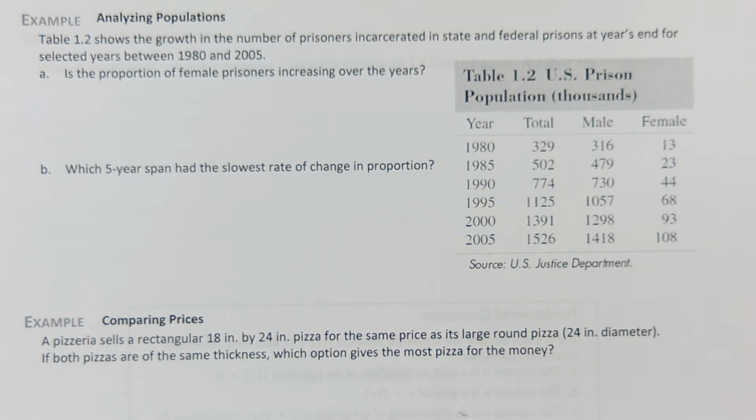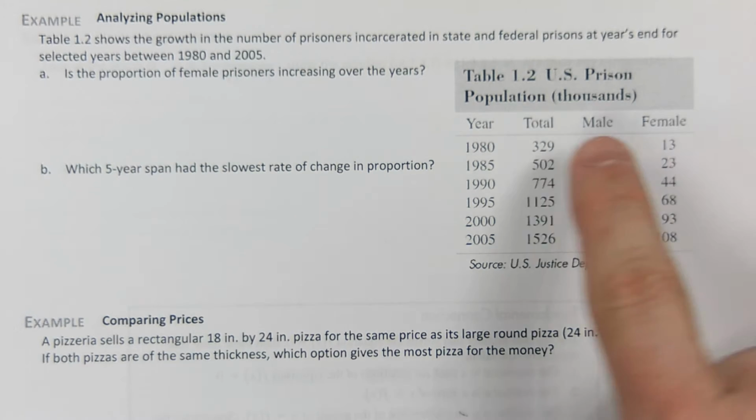The first question says, is the proportion of female prisoners increasing over the years? What is a proportion? Who can tell me how to do a proportion, just in general? Sebastian, what do you got? It's like the percent compared to the rest. Yeah, it's literally the percent compared to the rest. It's a fraction.